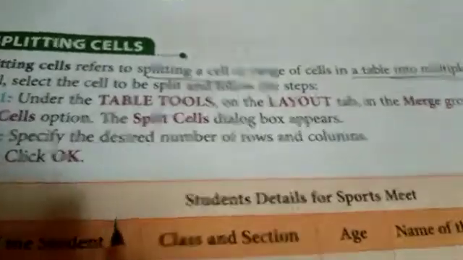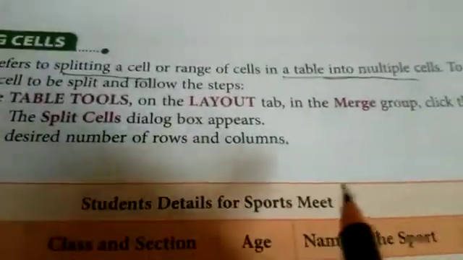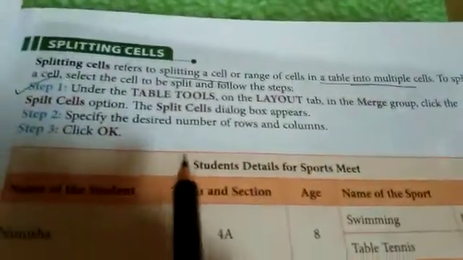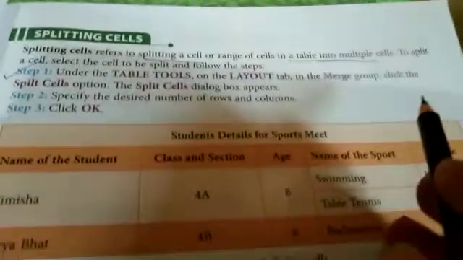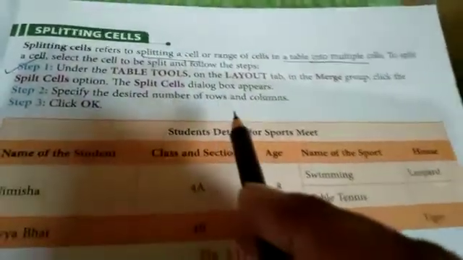Splitting cell refers to splitting a cell in the table into multiple cells. Under the Table Tools, on the Layout tab, in the Merge group, click the Split Cell option.